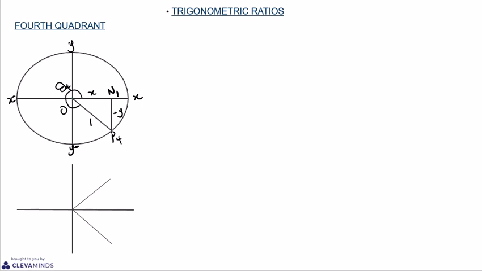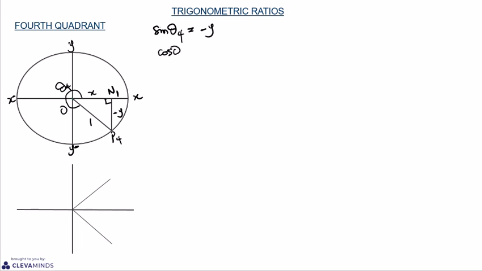So from there we can conclude that what? From our knowledge of trigonometric ratios, that's SOHCAHTOA, sine theta 4 will give us what? That's the ratio of the opposite to the hypotenuse. That's negative Y over 1.